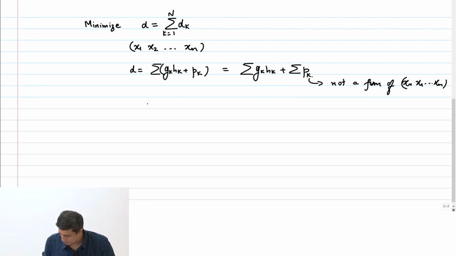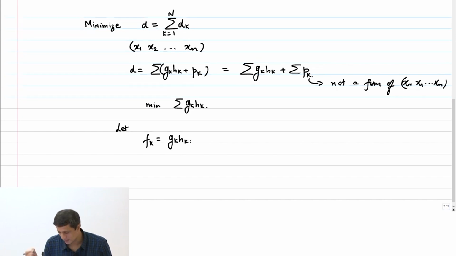So now I want to minimize summation gk into hk. Let fk equal this product gk hk. So what is hk?